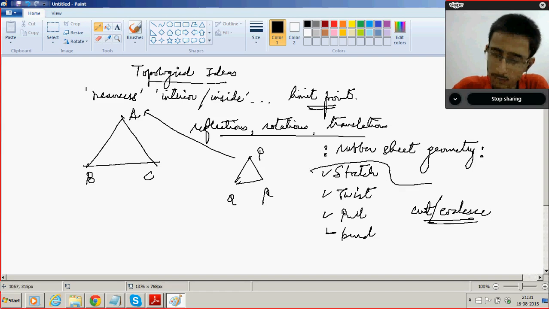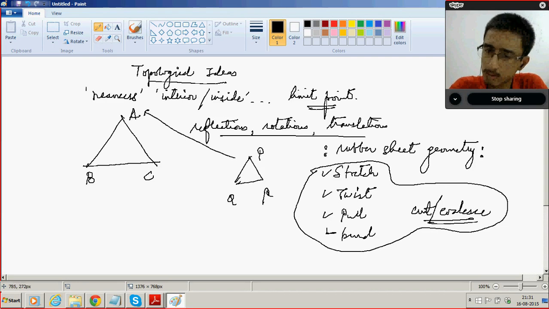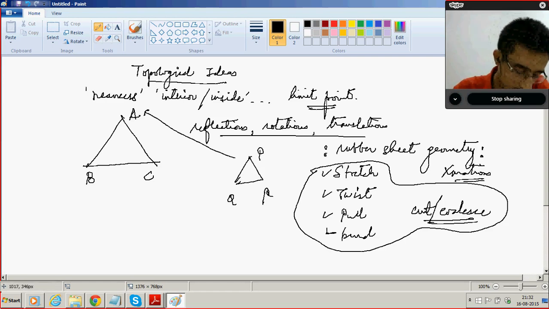In topology, we study properties of these objects which remain invariant under these transformations. So that is a very rich viewpoint of topology, fun topology, as well as intuitive concepts of topology.